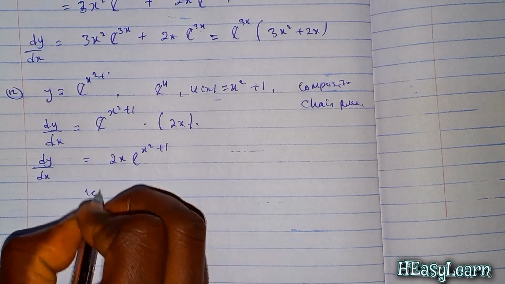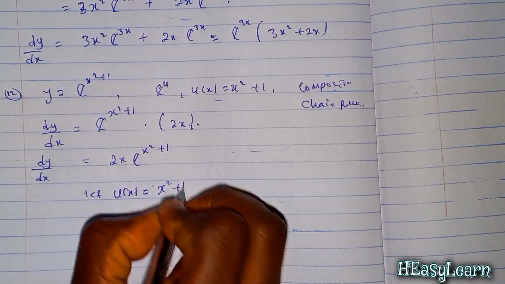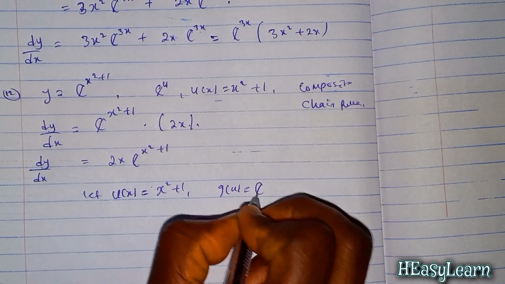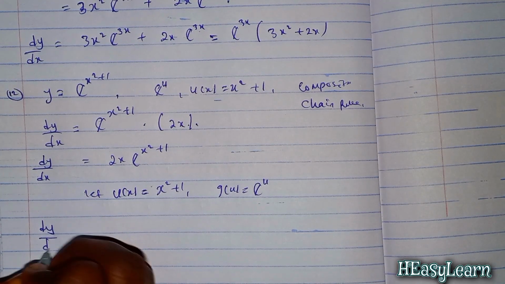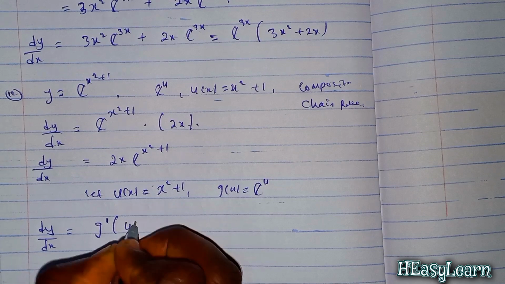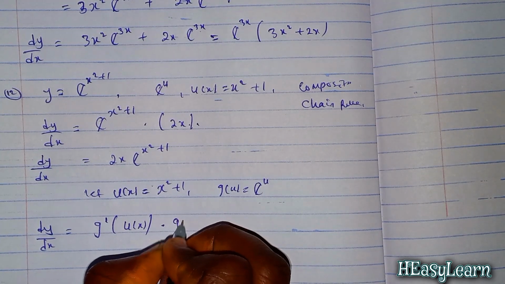In another way, you can say let u of x equal x squared plus 1, and let g of u equal exponential u. So by chain rule, the derivative of the function is g prime of u of x multiplied by the derivative of u.